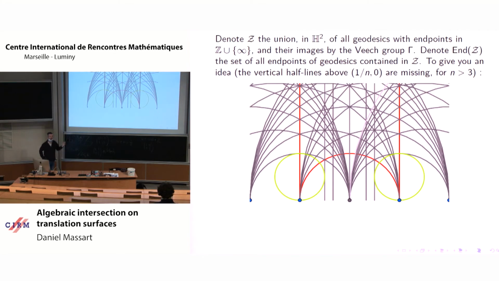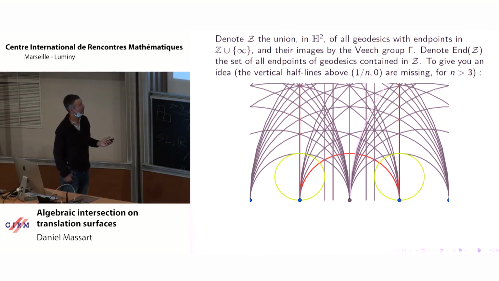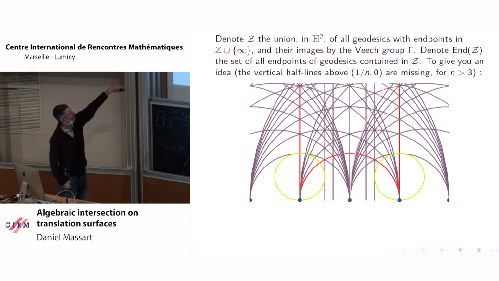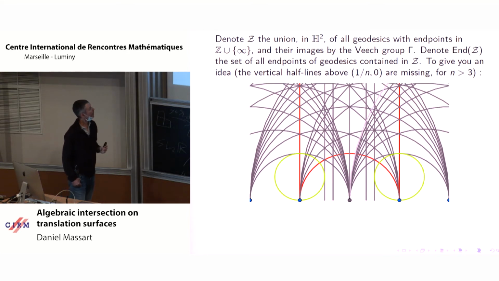Okay, now it gets hairy. There is a special set of geodesics on my Teichmüller disk, which are going to play a special part, and I give them a name. So you take all geodesics with integer endpoints. Integer includes infinity. Infinity is an integer. And then you act by the Veech group on this set of geodesics.